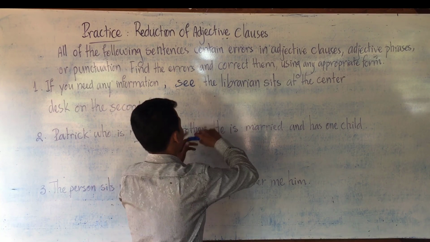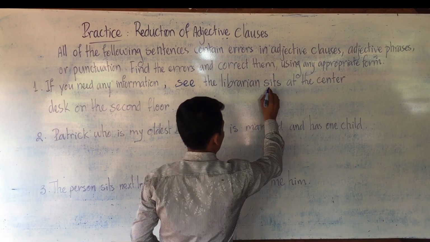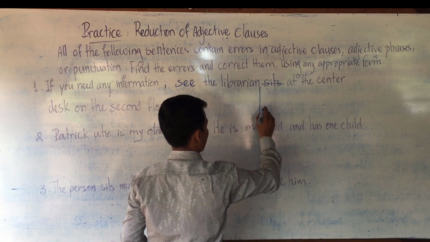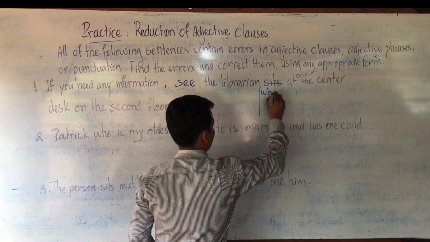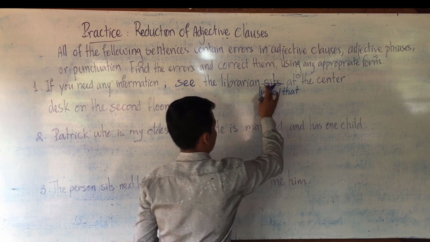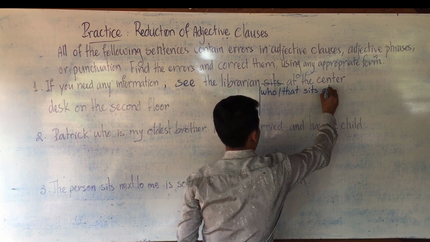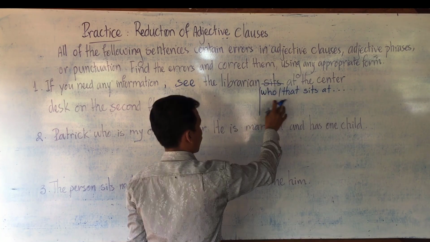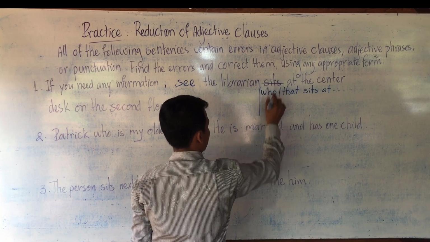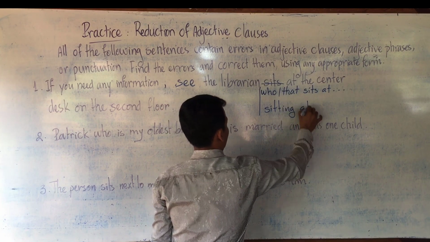So we can change this sentence: see the librarian sit. We omit sit, but we can correct it in 2 ways. One is that you can use who or that, because it is the subject. Then you use the word sit at the center. One more, no need to use who or that, a relative pronoun, but you only change sit to sitting at the center.